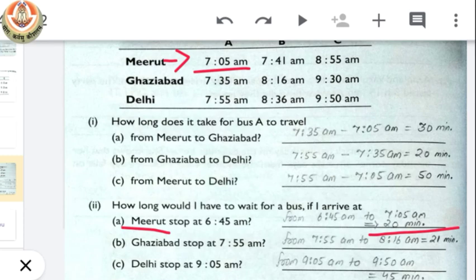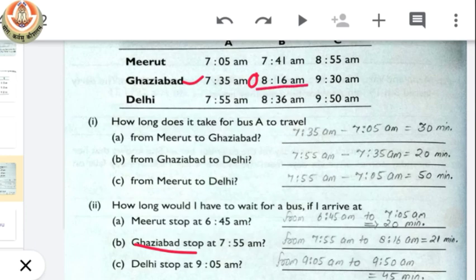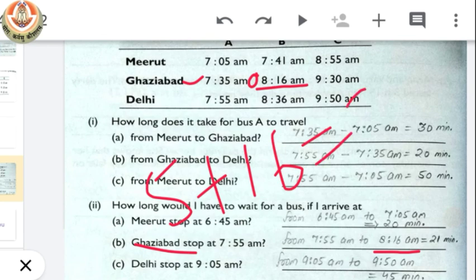Now the next is, how long do I have to wait if I arrive at Ghaziabad stop at 7:55? 7:55 means bus A has already left. So after 7:55 we have a bus around 8:16. So from 7:55 to 8:16 we have to wait 16 plus 5, that is 21 minutes.